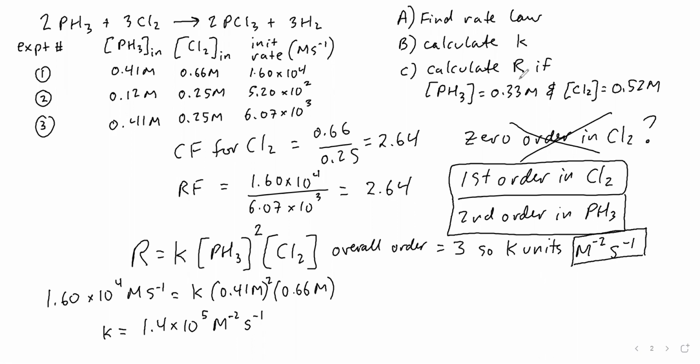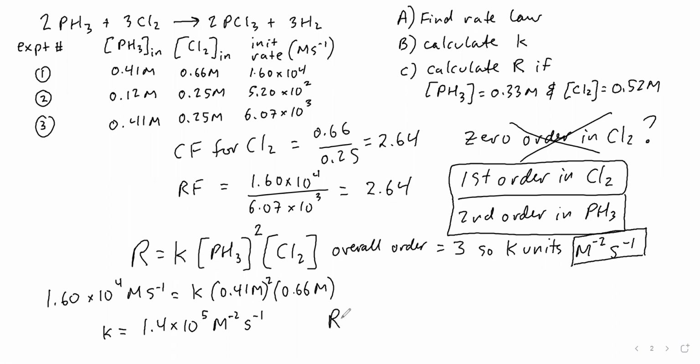Finally, we can calculate a new rate under these different conditions, 0.33 molar PH3 and 0.52 molar Cl2. Those are some values that aren't in the table. We can calculate the rate now that we know the concentrations and we know the rate constant. We just plug in the rate constant, we plug in these new concentrations, and we get the rate.